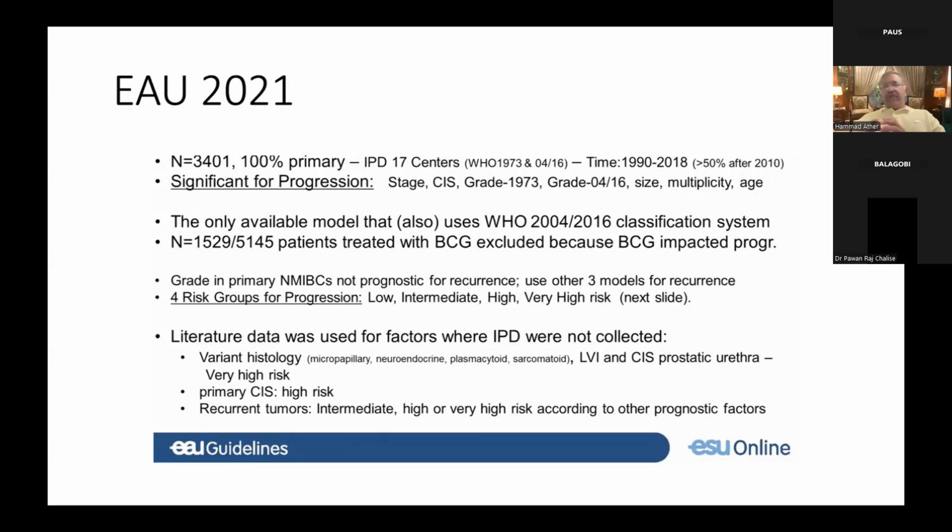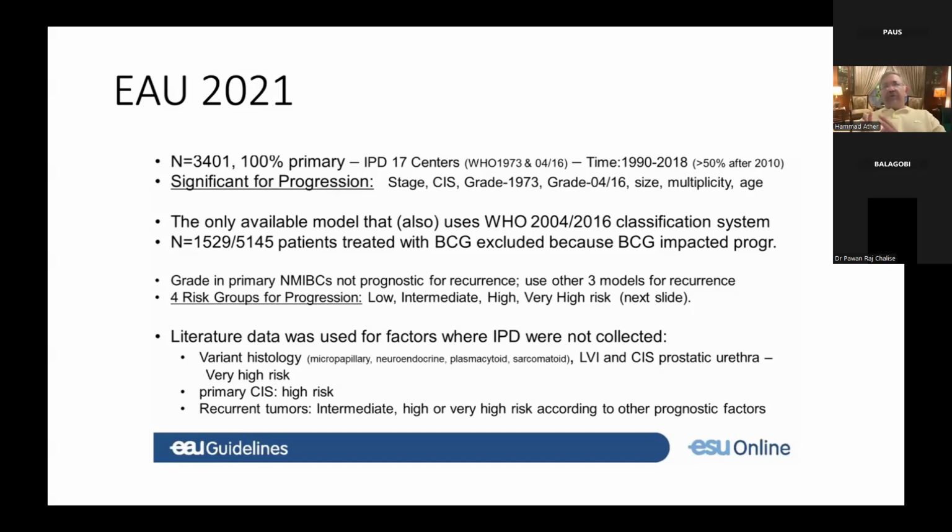guidelines trial was on over 3,400 patients, and they were all primary. The individual patient data was collected from 17 centers using the WHO 1973 classification.